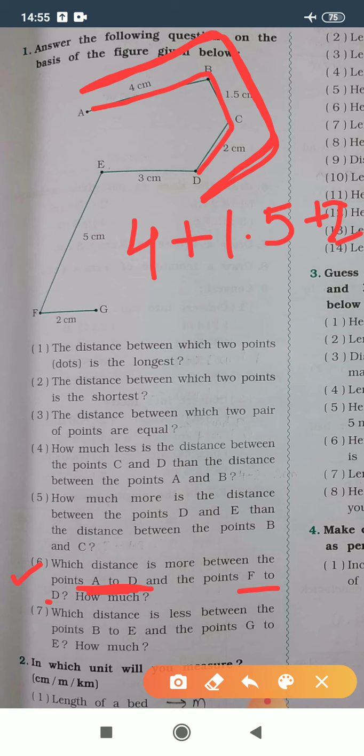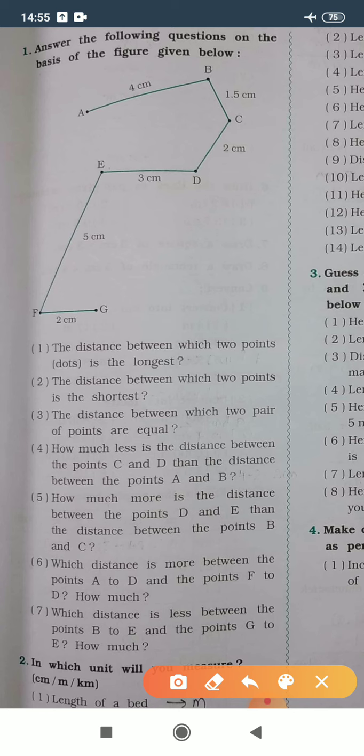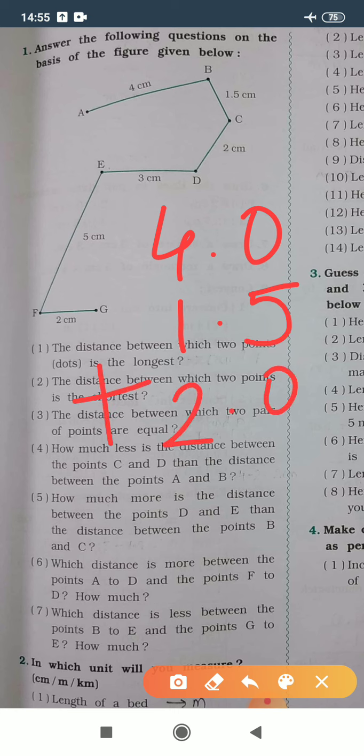So let's see the calculation. 4.0, 1.5 and 2.0. Let's add these numbers. Because this 1.5 is in decimal, we need to take 4.0 and 2.0 in decimal terms too.